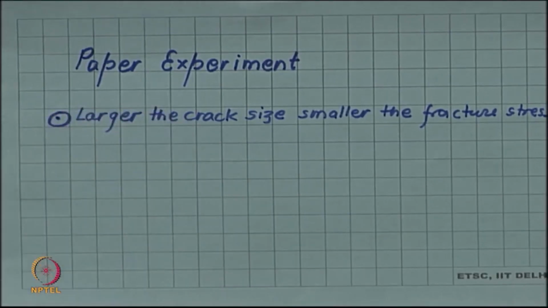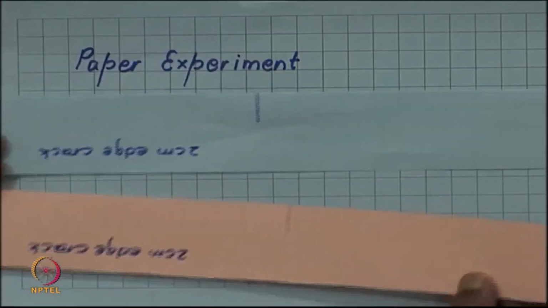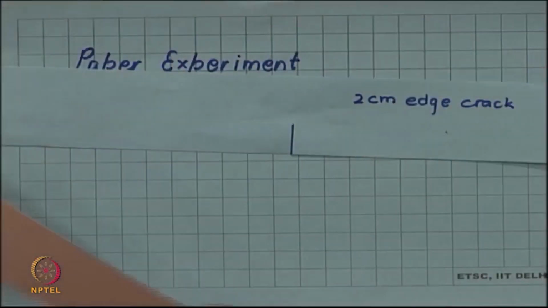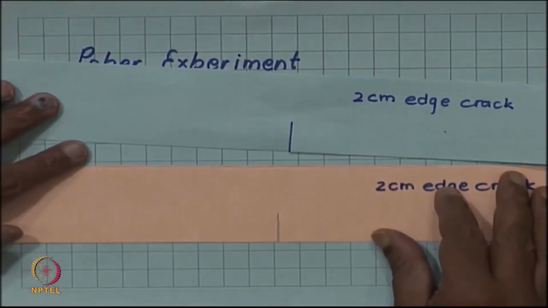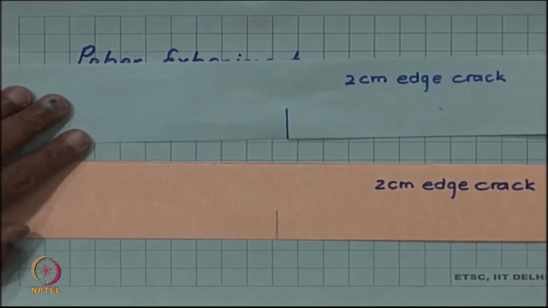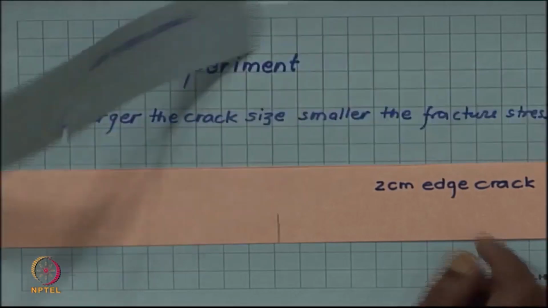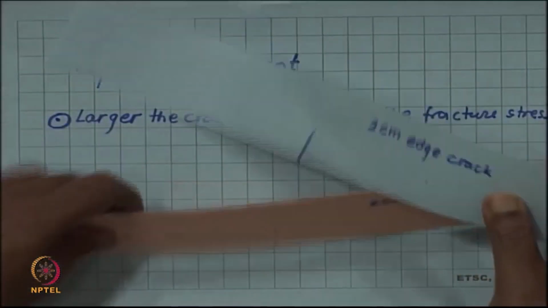Now, I have one more set of experiments in which I am changing the material. I have 2 strips again of the same external dimensions, and the crack size introduced is also the same, both of them have a 2 centimeter crack, but one of them is of a floppier material than the other.